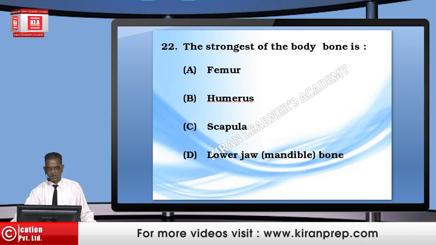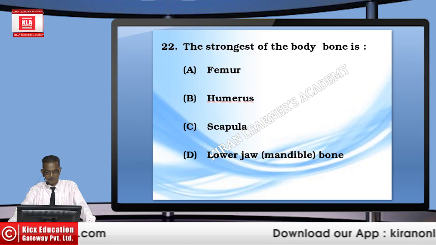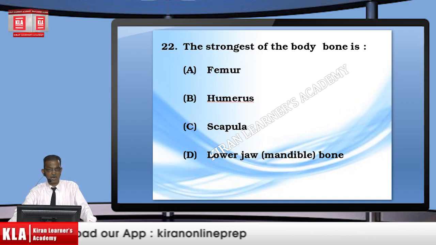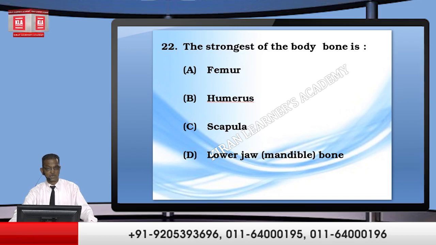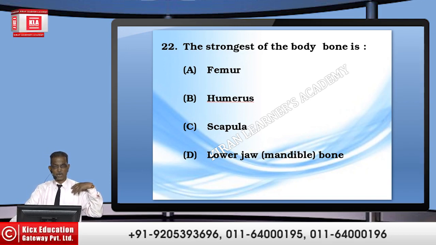Next, the strongest body bone is? Again, femur, humerus, scapula, lower jaw or mandible bone. Femur is the longest, as we just saw in the previous question, but it is not the strongest. Humerus is this bone attached to the upper shoulder.